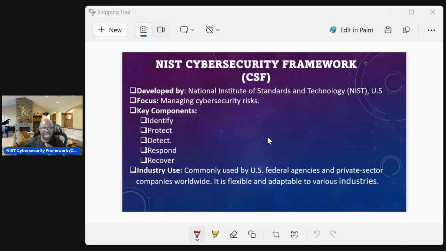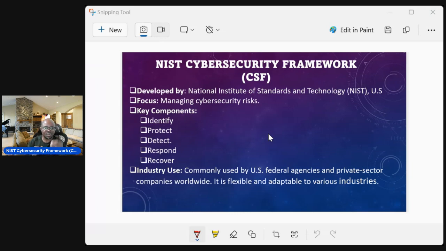Now let's look at the last component under the CSF framework, which is recover. So what is the key objective of this recover component? The key objective is to develop and implement plans to restore systems and services after a cybersecurity incident and ensure resilience.